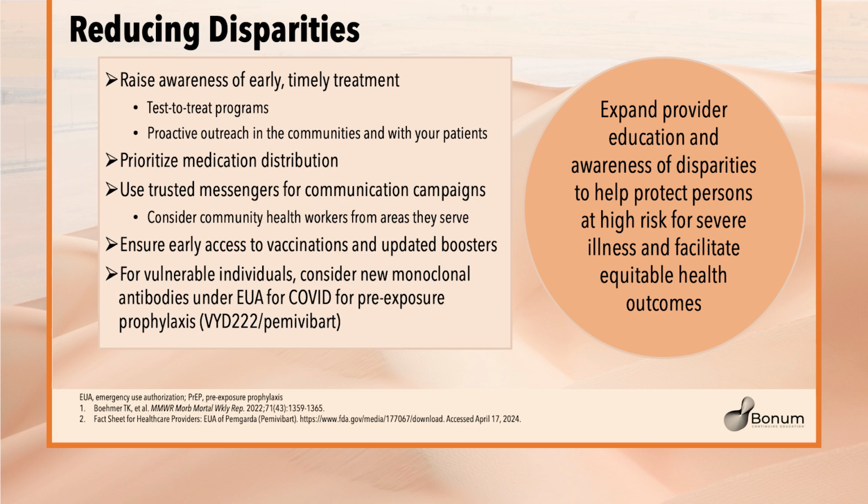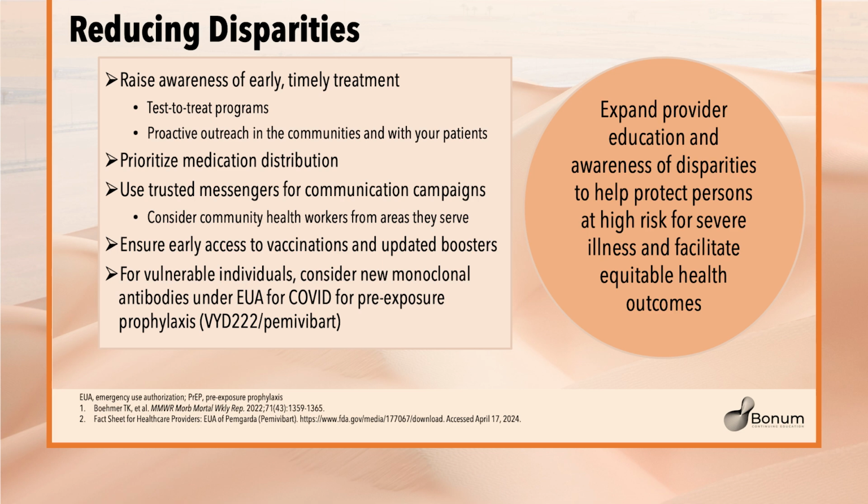We can also prioritize medication distribution to areas of higher social vulnerability. We can also enlist trusted messengers to deliver the messages, like considering community health workers from areas they already serve, since they may already have established trust within those communities. We can also ensure early access to vaccines and updated boosters.